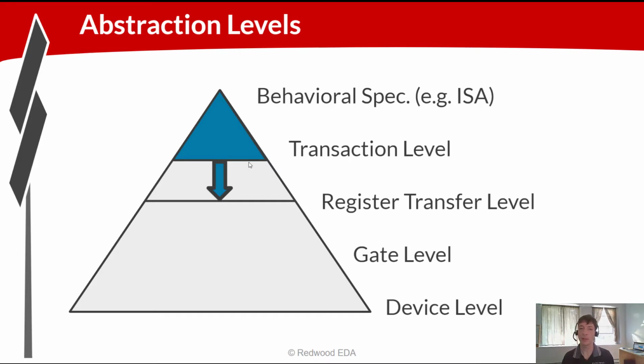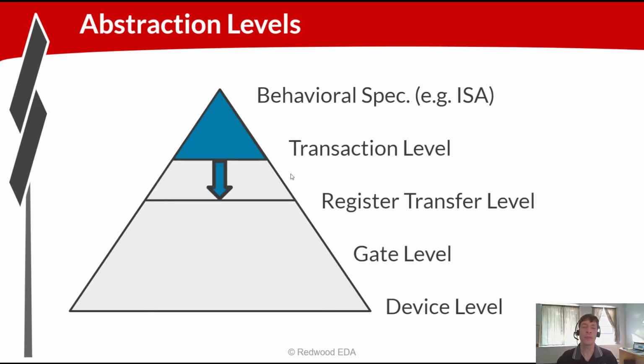And with hardware, you have to have lower level control over the implementation of your behavior. So the philosophy of transaction level Verilog is that we have a behavioral model at the transaction level, and we have mechanisms to specify the implementation of that behavior at the register transfer level.